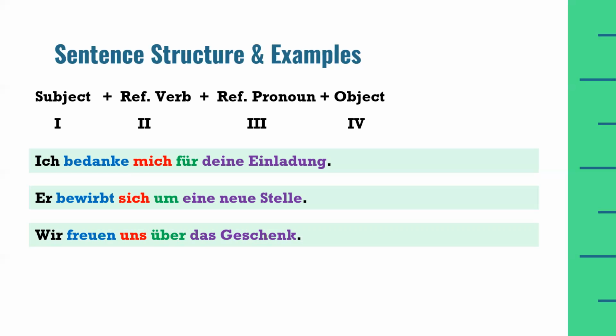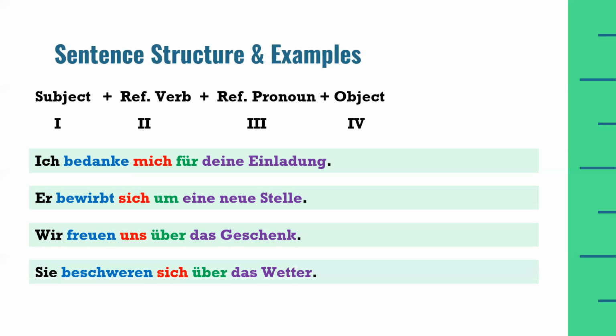Über is again an accusative preposition. Therefore, we have to use the definite article for the neuter noun Geschenk from the accusative case, which is das. So, über das Geschenk.